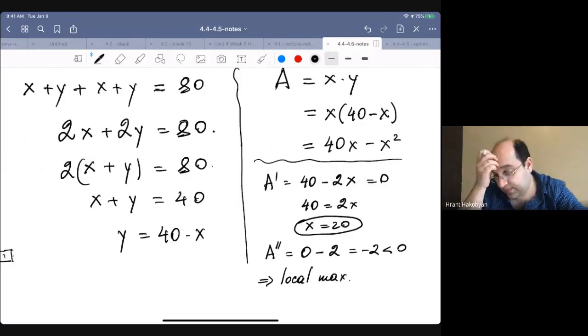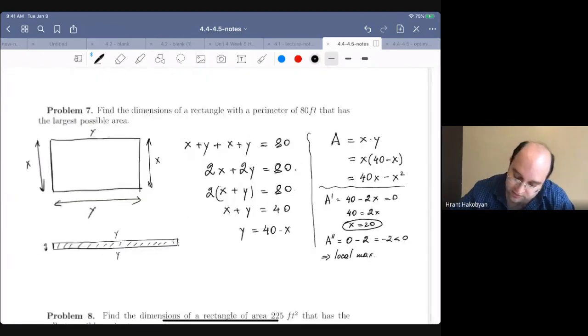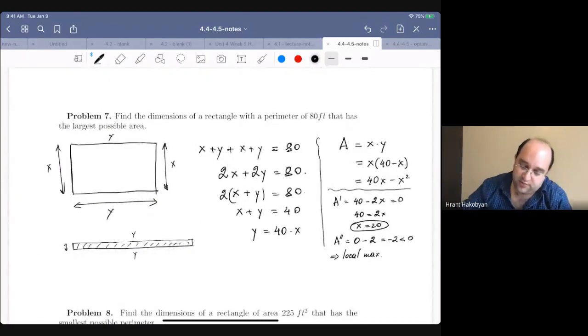Okay, and we are on a fixed interval here, because what is my x and y? How large and small can they be? Well, those are lengths, so they cannot be smaller than 0, right? They also cannot be greater than, let's say 80, because their sum is 80, so each of them cannot be greater than 80.